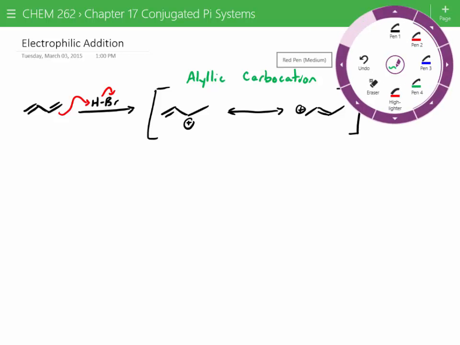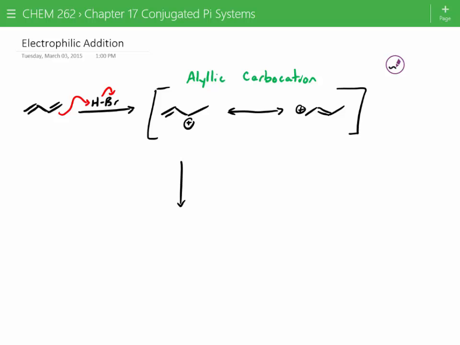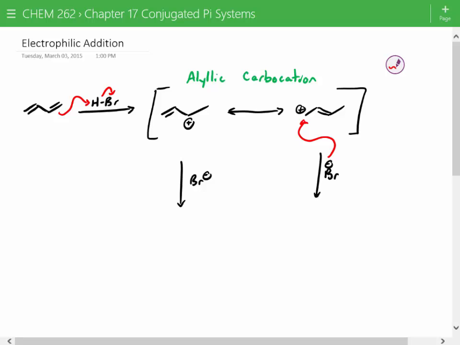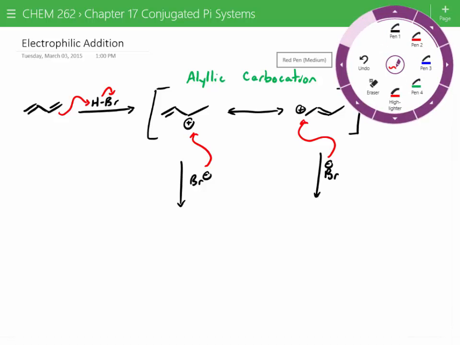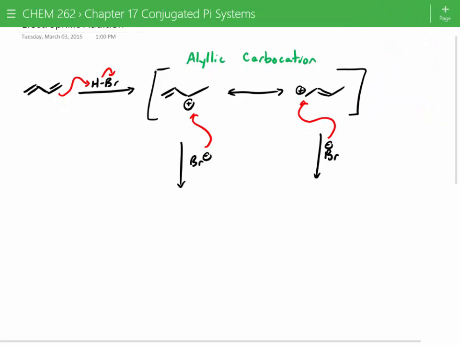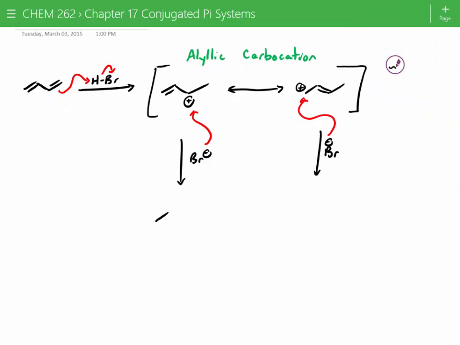And we said, okay, if you've got your Br minus or your bromide around, that it can add into either of these positions. So it can add into this side, or it can add into this side. And when we do this, we get two different products.